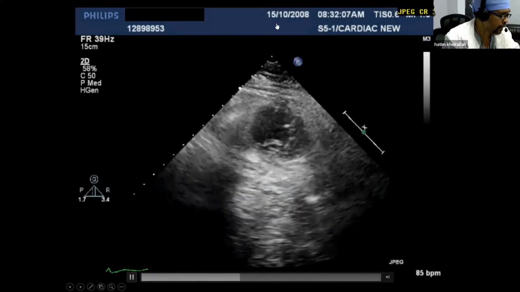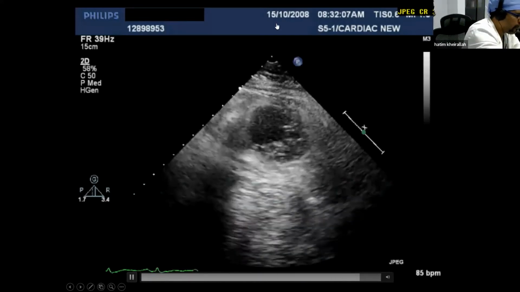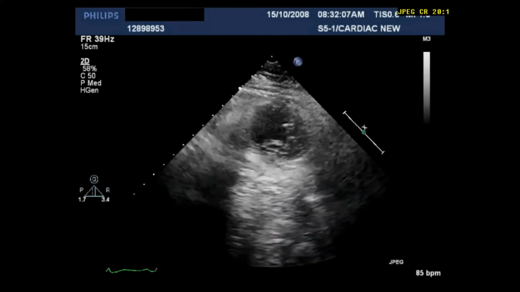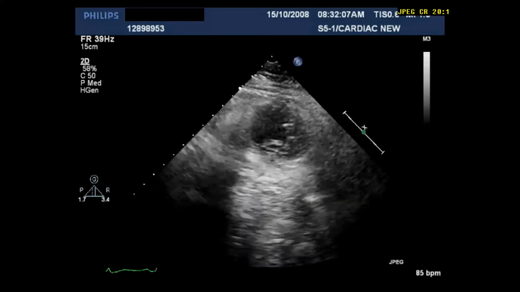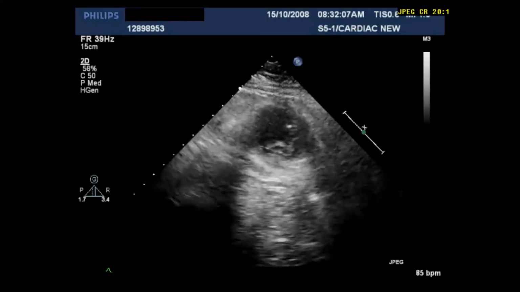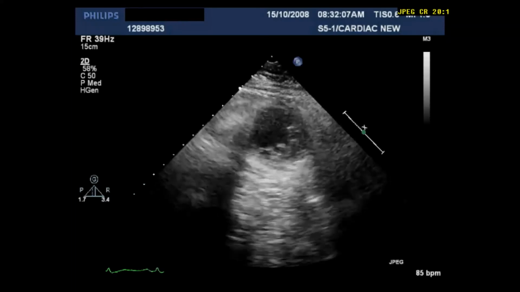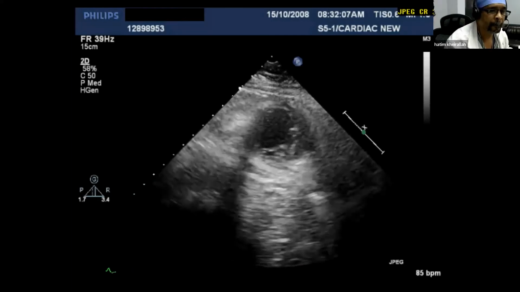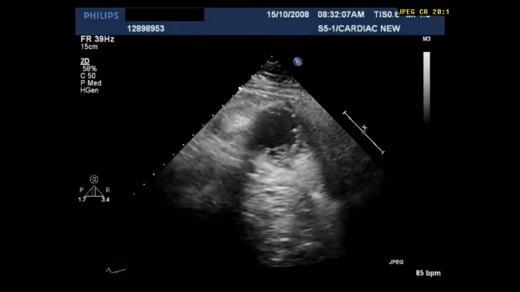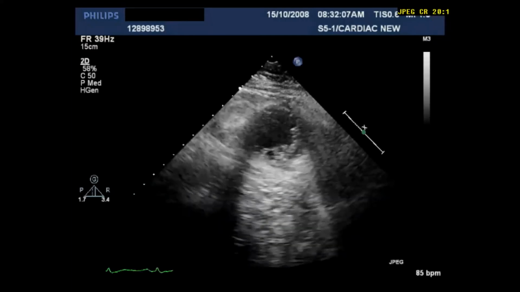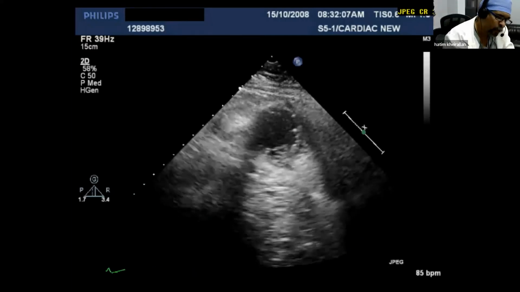How could you describe it in terms of motion abnormality? It is akinetic. Yes, it is akinetic. How could you say it's akinetic or dyskinetic?